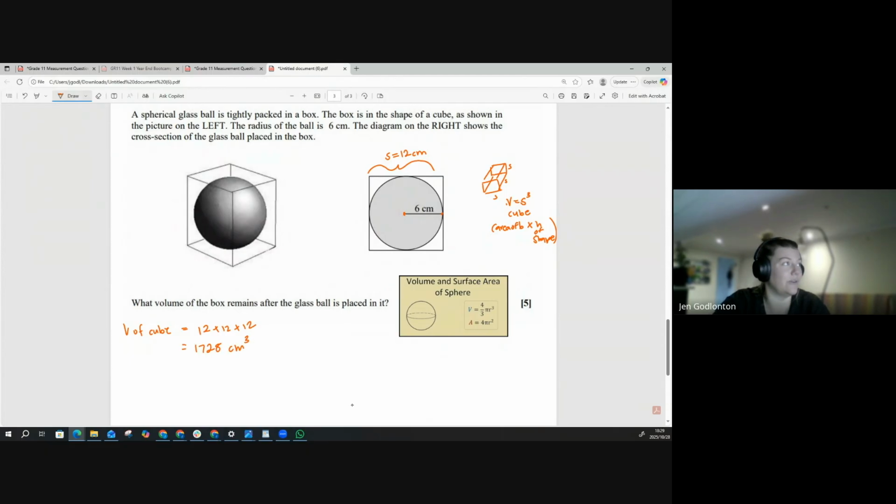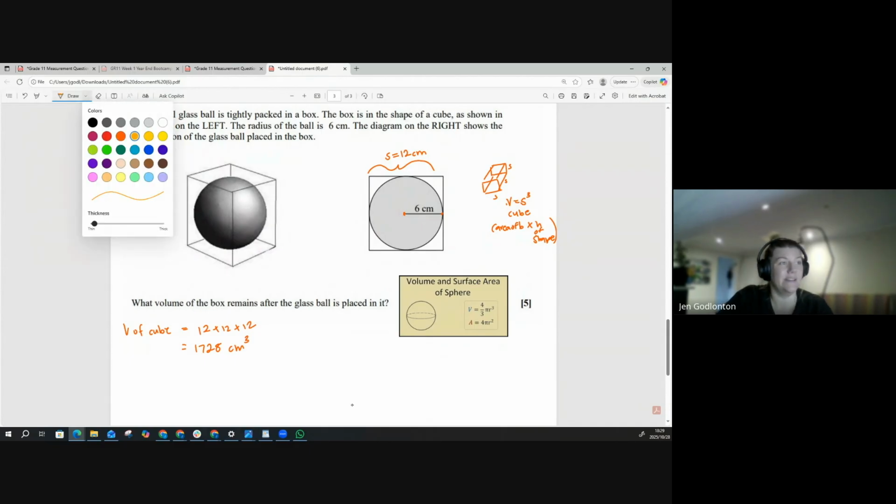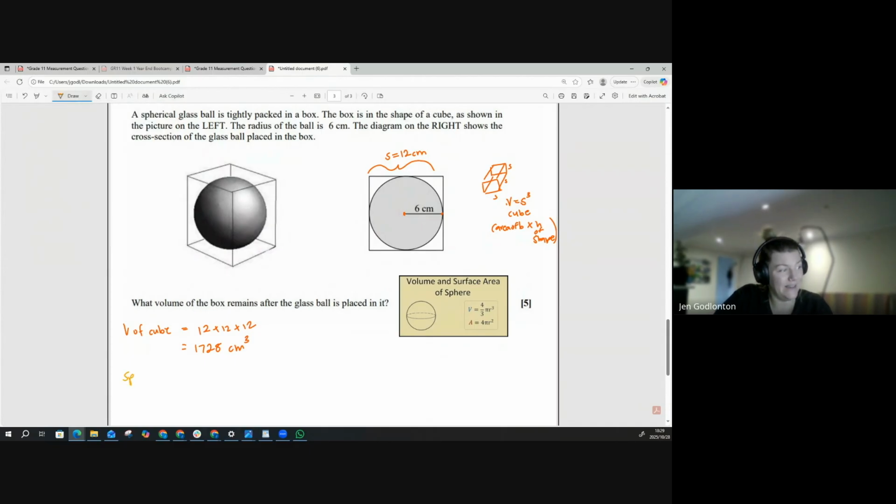So that is our cube. Then we need our sphere. And that's going to be 4 over 3 pi r cubed. So 4 over 3 times pi times 6 cubed, which gives us 288 pi.